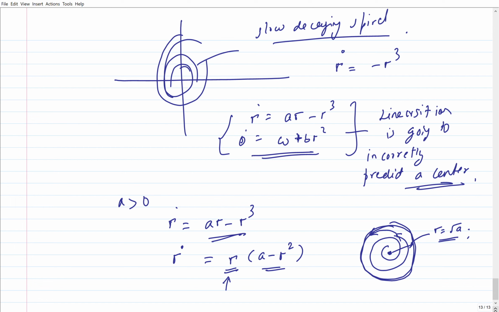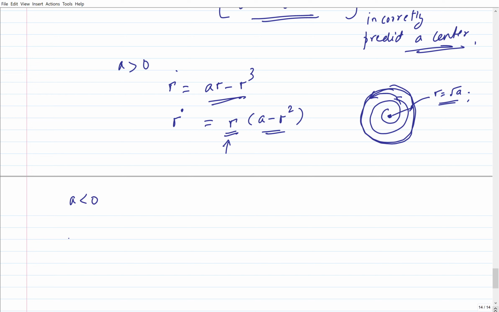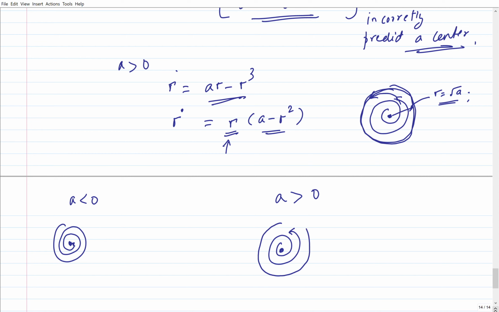So essentially my stable spiral for a less than 0 gave rise to an unstable fixed point and a small amplitude limit cycle as a goes through 0.